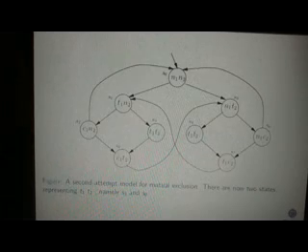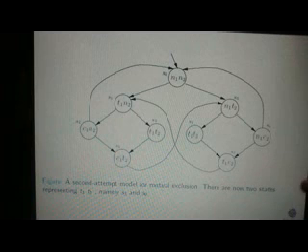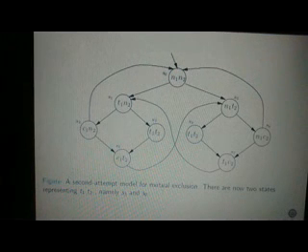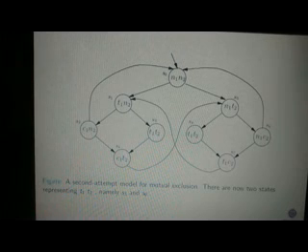This figure shows the second attempt model for mutual exclusion. There are two trying states, represented by T1 and T2. Either process can move to its trying state, but only one of them can ever make a transition at a time. This is called asynchronous interleaving. At each step, a scheduler determines which process may run.